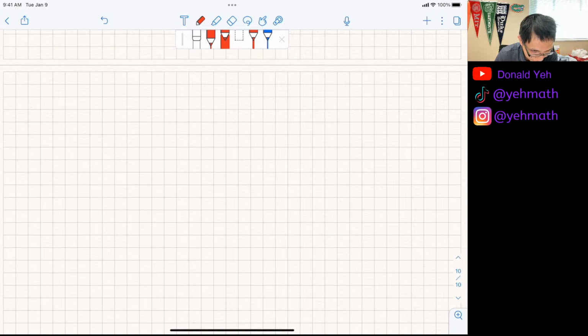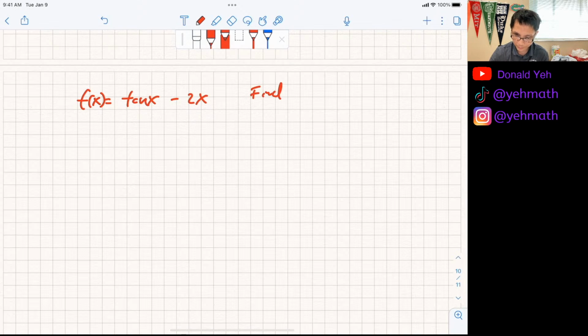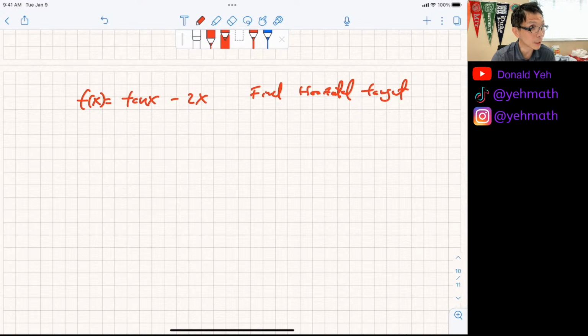So how do I find the horizontal tangent of this, let's say tan of x minus 2x? Derivative of both first. How do you find horizontal tangent? Find the derivative and set it equal to 0.